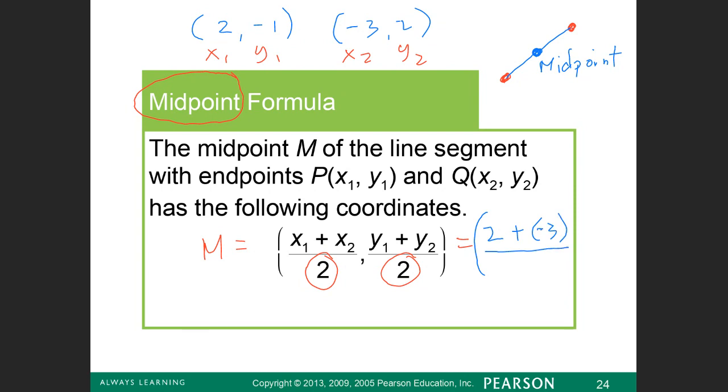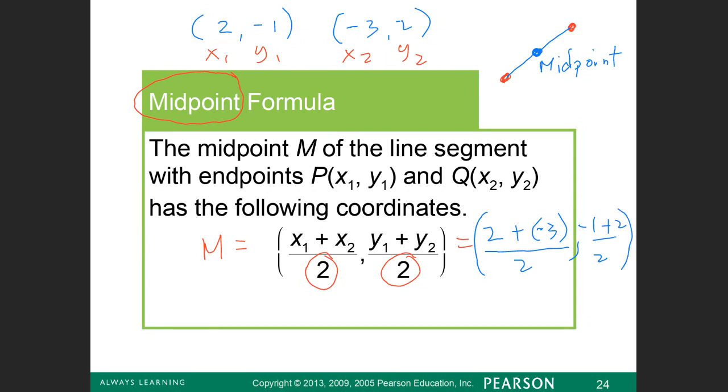And then all over 2 because it's the midpoint, it's middle, and then comma. So that's for the x coordinate, and for the y coordinate, y1 would be negative 1 plus y2. Y2 is 2 all over 2, and then you close it with a parenthesis because it's an ordered pair.